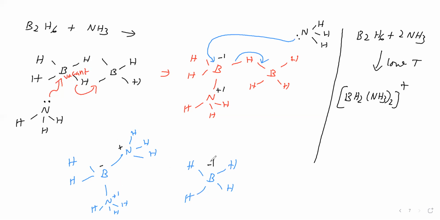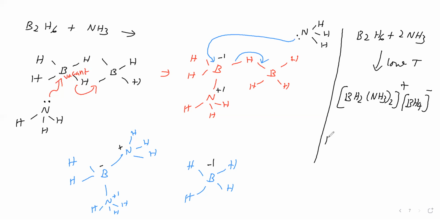The other is BH4-. So diborane reacting with ammonia at low temperature gives a complex, a cationic complex and an anionic complex. The cationic complex is [BH2(NH3)2]+, the anionic complex is BH4-.